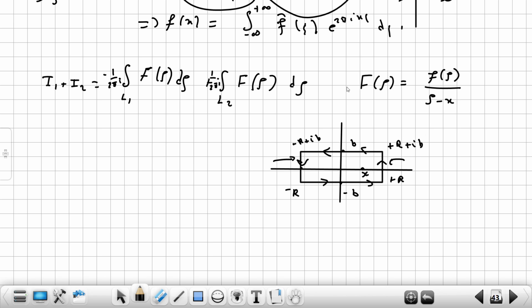And using the residue formula, F of rho has a pole of order 1 at x with residue equal to small f of x. So using the residue formula, we find that I1 plus I2 is equal to what?